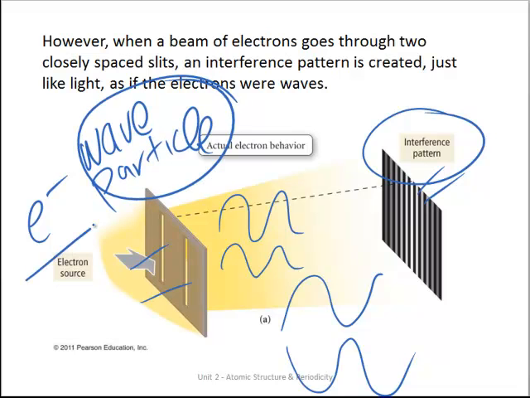So just like the photon, the electron has a wave-particle duality to its nature.